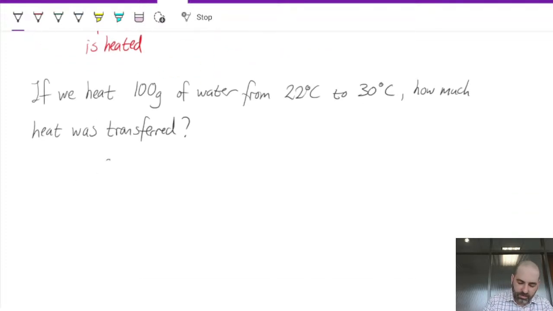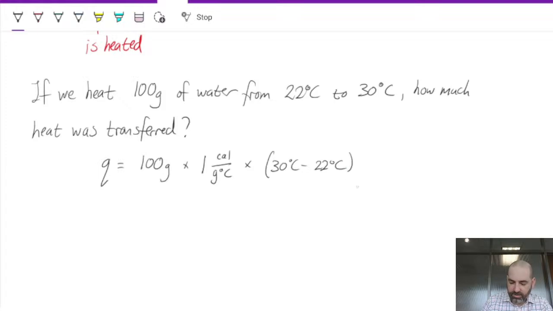We would say the heat, Q, is the mass of water, which is 100 grams, times the heat capacity of water, which is 1 calorie per gram degree C, times the change in temperature, which would be 30 minus 22, which is 8. So 100 times 1 times 8 is 800, and the final unit there is calories. The grams and the degrees C cancel, and we end up with little c calories. So it took 800 little c calories to make that change.